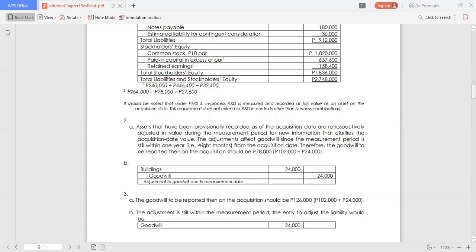Therefore, the goodwill to be reported on the acquisition should be 102,000 minus 24. So we have now the building to be adjusted by 24,000 and we credit goodwill.